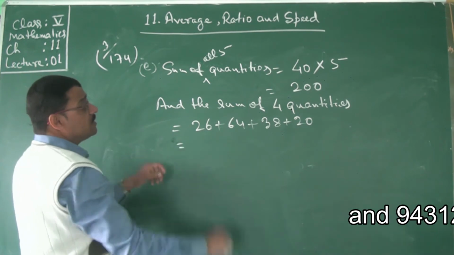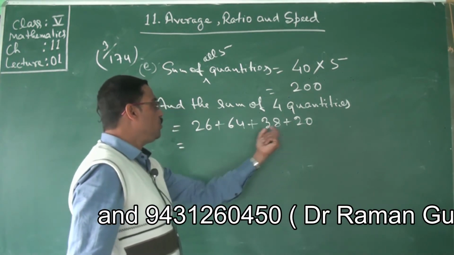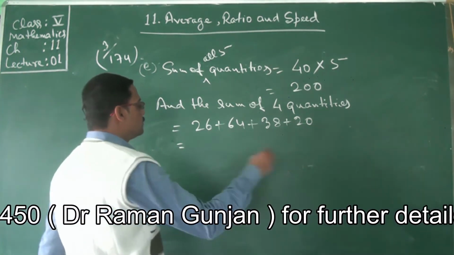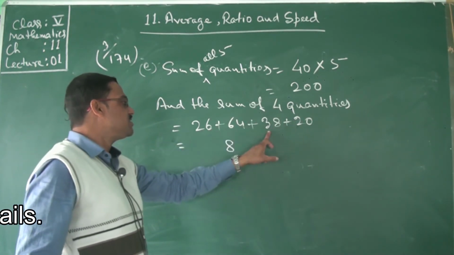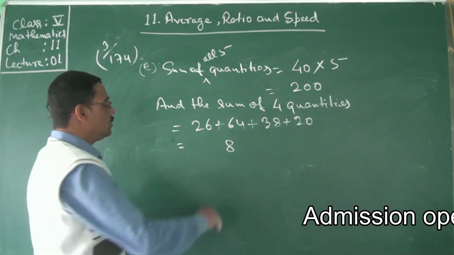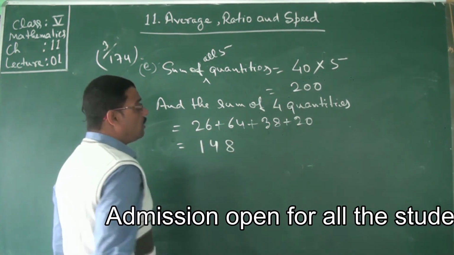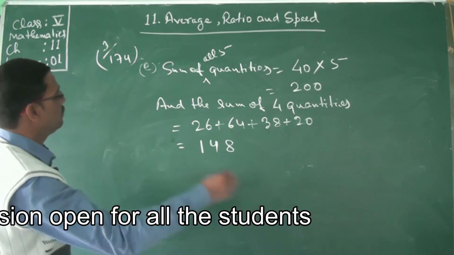That is 8, 0, 8, 4, 12, 6, 18, 8 carry 1, 2, 1, 3, 3, 6, 6, 12 and 2, 14. So 148.